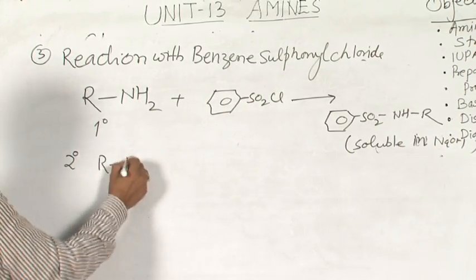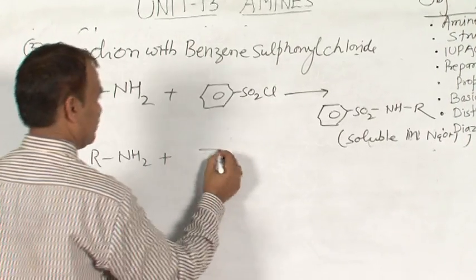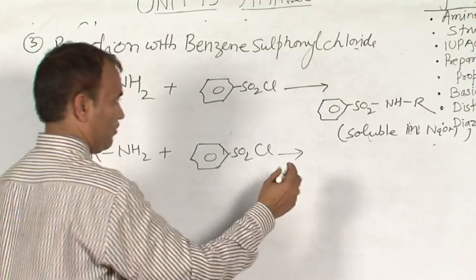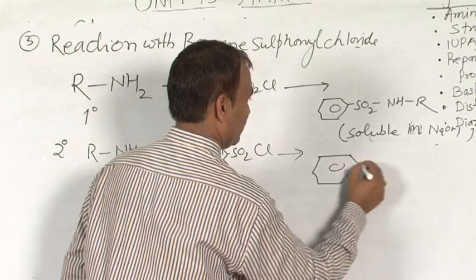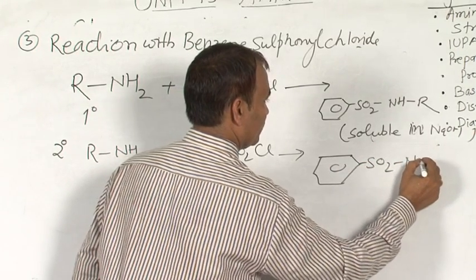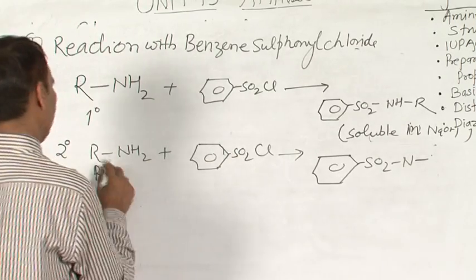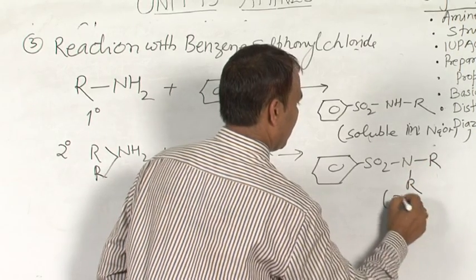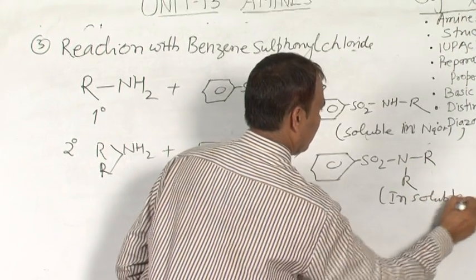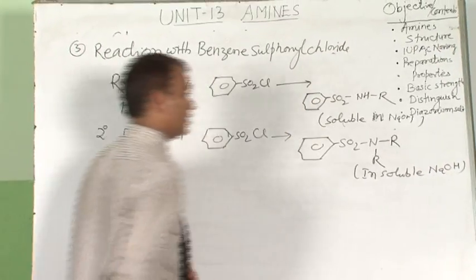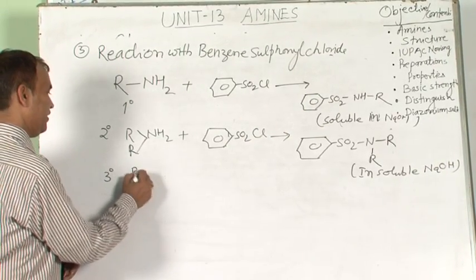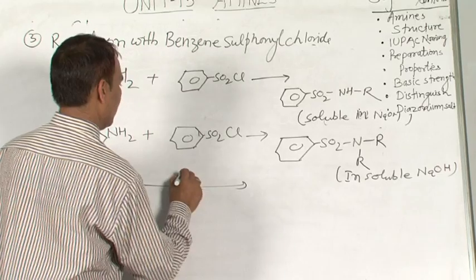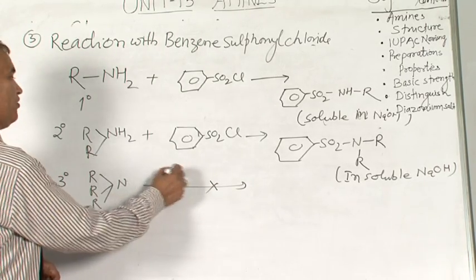Secondary amine reacts with sulfonyl chloride to give sulfonamide, insoluble in the base sodium hydroxide, and tertiary amine does not react with benzene sulfonyl chloride.